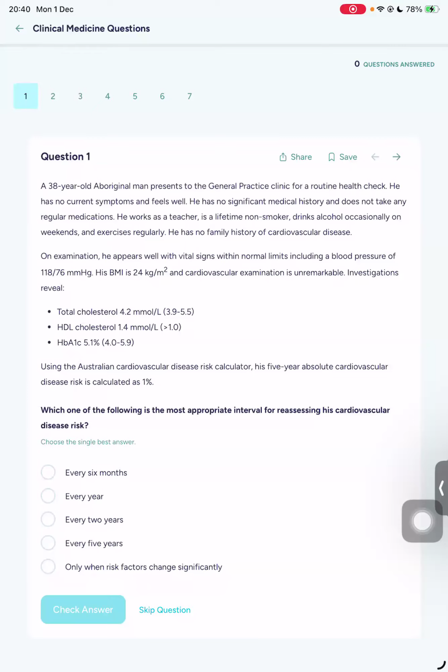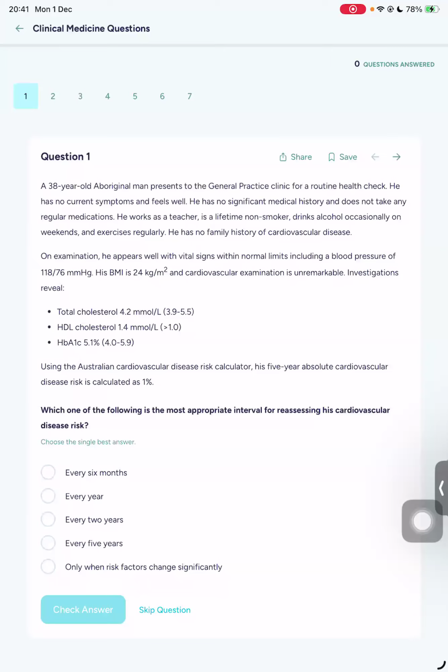He works as a teacher, is a lifetime non-smoker, drinks alcohol occasionally on weekends, and exercises regularly. He has no family history of cardiovascular disease. On examination, he appears well with vital signs within normal limits, including a blood pressure of 118/76. His BMI is 24 and the cardiovascular examination is unremarkable.